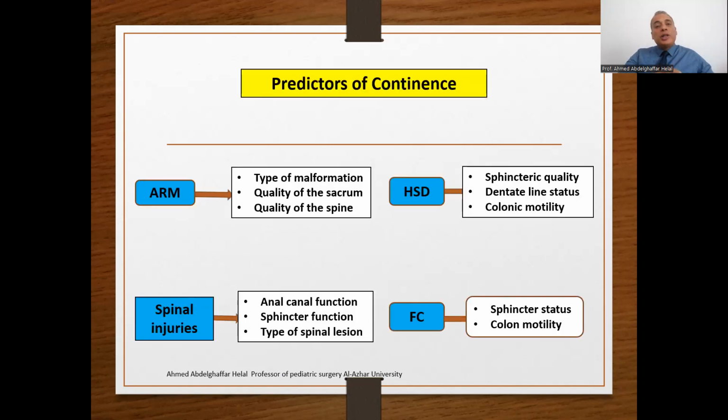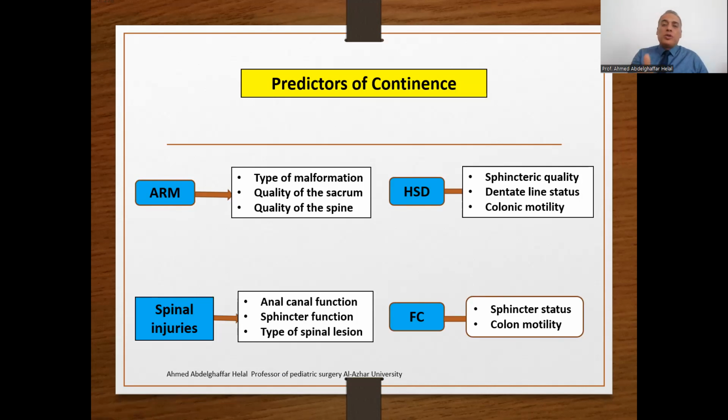Now, the question is, what are the predictors of continence? Is a pediatric surgeon able to predict in advance which child may have poor or good functional prognosis related to the bowel control? Yes. For example, in anorectal malformation, number one, the type of the malformation is an important predictor for continence.